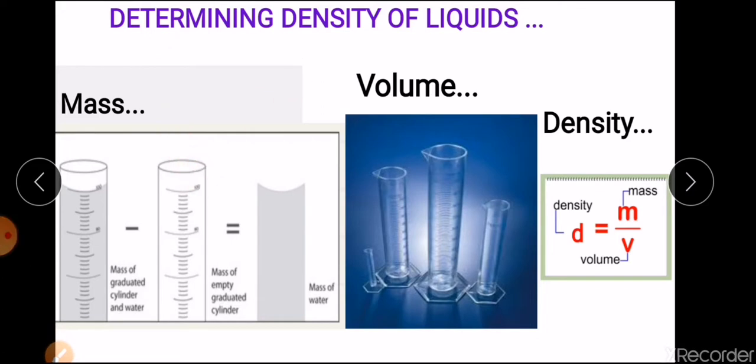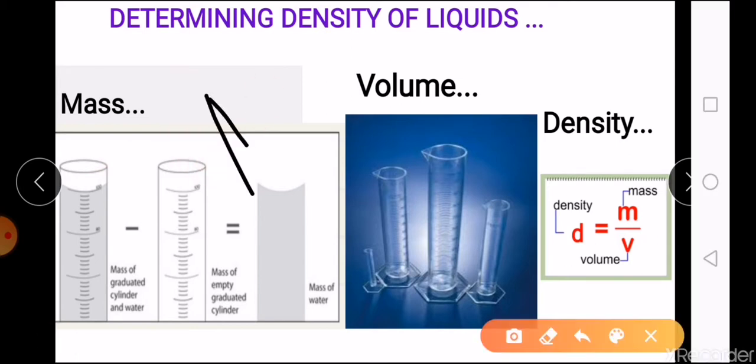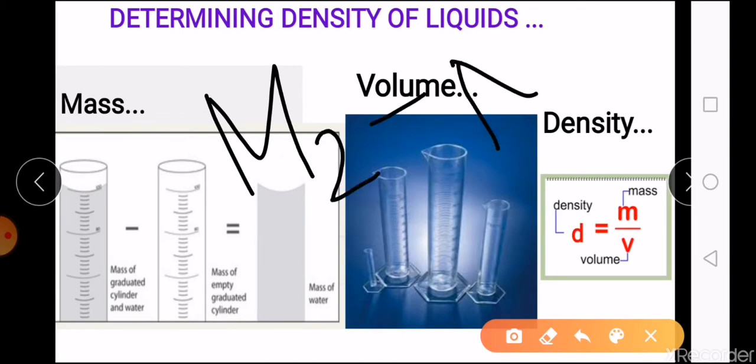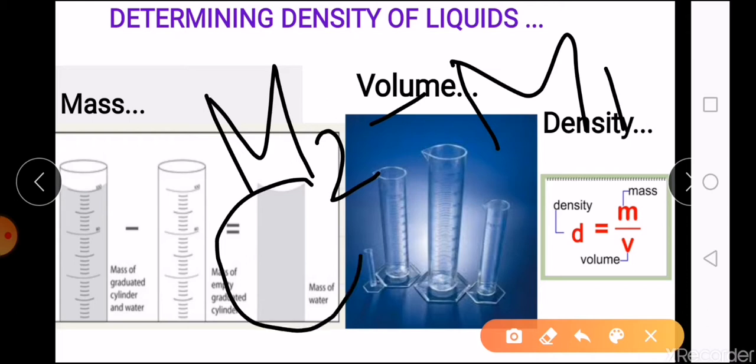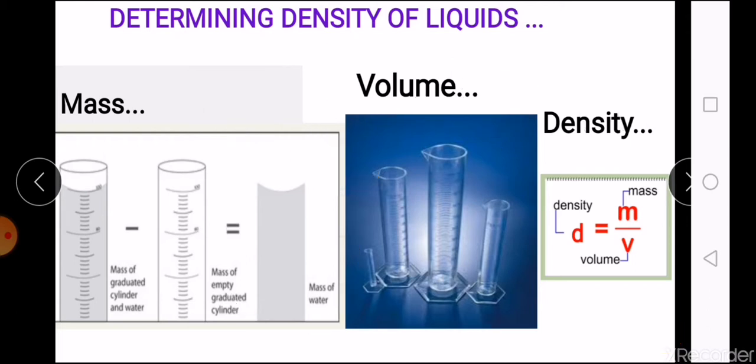Now subtract the values, that is, from the together value of your container and your liquid you subtract your empty container value, that is, M2 minus M1, so that you will get the required mass of the liquid alone, right? Now you have the volume which you have already measured using a measuring cylinder. The mass of the liquid you have calculated now. Now you can directly calculate the density of the given liquid.